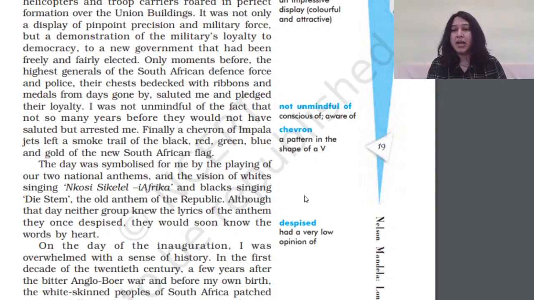When Mandela became president, he did not reject the earlier anthem. He ensured that both anthems were part of the South African national anthem. First it was two, and then after that a decision was made where one national anthem was created by joining both of these songs.